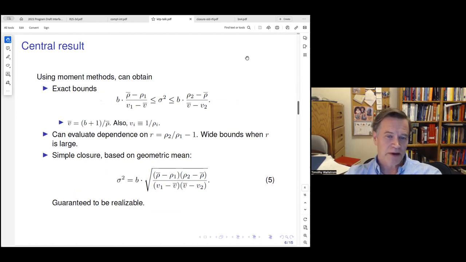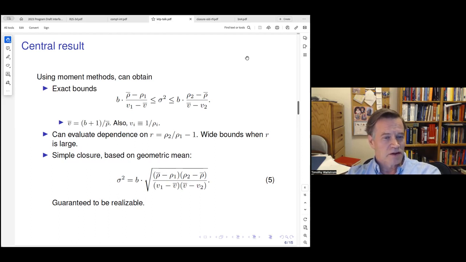It may look like the bounds depend on this V bar thing, the mean of the specific volume, but that is actually simply expressed in terms of B and rho bar. So those bounds on either side just depend on B and rho bar. And as I say, they're exact bounds. You can find distributions that achieve both the upper and lower bounds. So without further assumptions, you can't improve on these bounds.